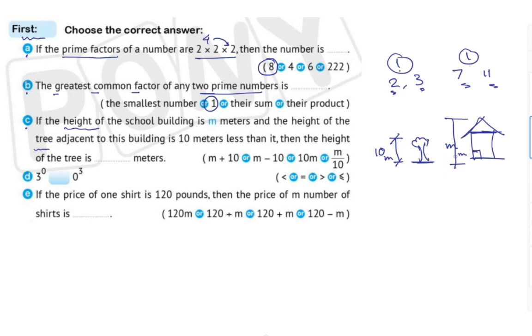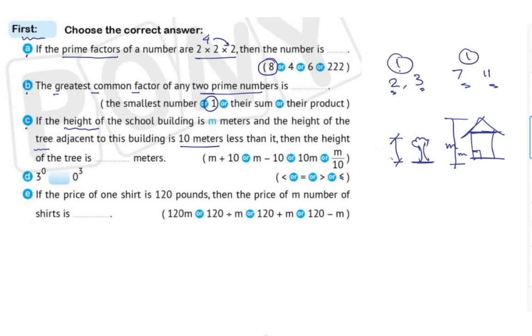What's the relation between the building and the tree? He said that this tree to the building is 10 meters. 10 meters less than it. So the length of this tree is not 10, but the length of the tree is less than the height of the building by 10.